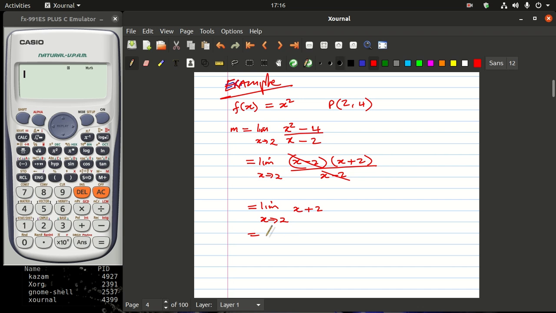So I'm plugging in here that number that the computer is going to pick out as 2, plus 2. So this is going to be a 4. So that's how we end up solving this nice example here. First, this x is not the same as 2. I factor out and cancel the thing that is going to give me a problem.